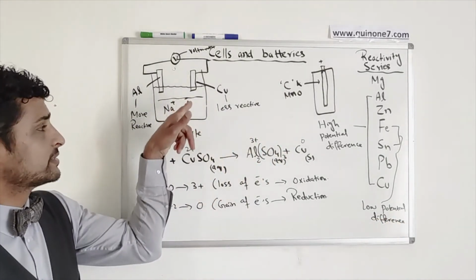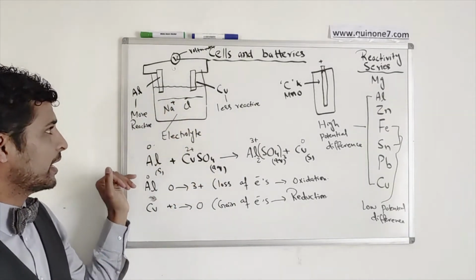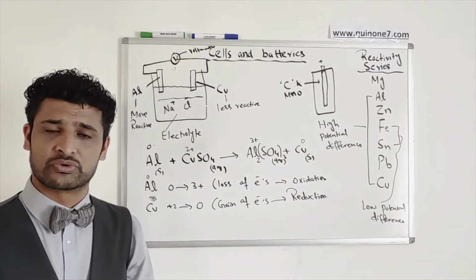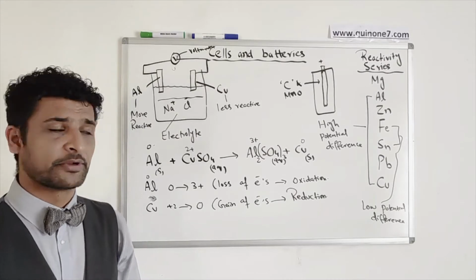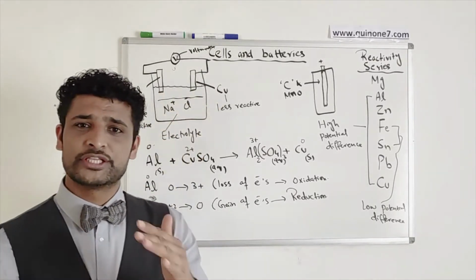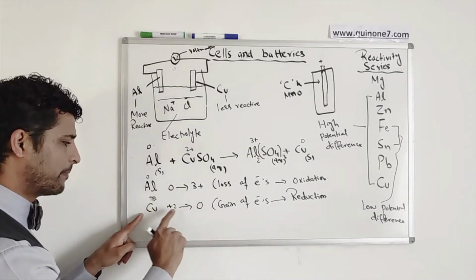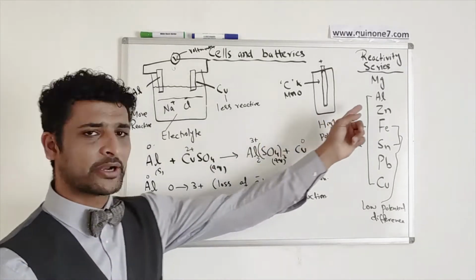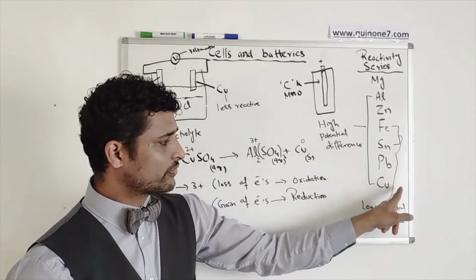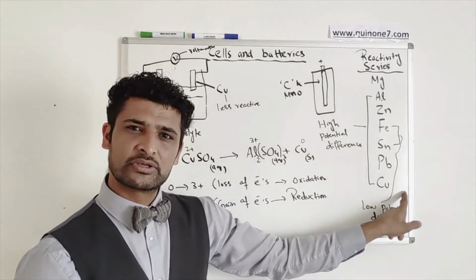Now, based on this theory of the potential difference, why do you think that copper and aluminium show a potential difference on the voltmeter? The theory is pretty easy to understand. Aluminium and copper will exchange electrons. Aluminium is going to lose electrons and copper is going to gain electrons. Let's go back to the reactivity series. Aluminium is more powerful than copper, so aluminium will oxidize and copper will gain those electrons.